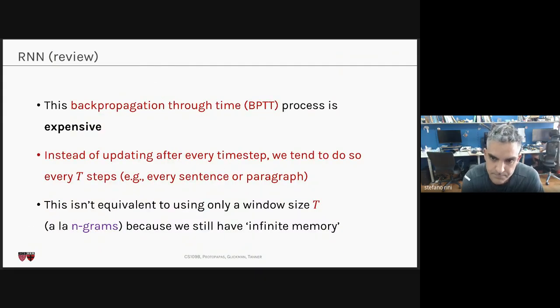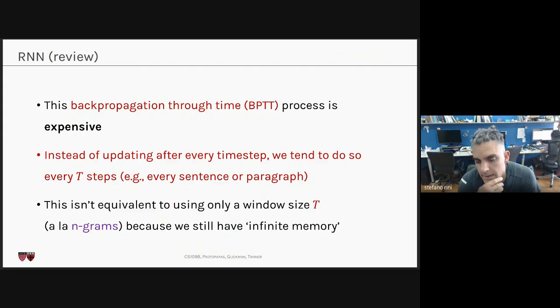So backpropagating through time, as we said, is an expensive process. Instead of doing this for every point in time and for the whole length of the sequence, we can fix a window size t as the context of the language model.